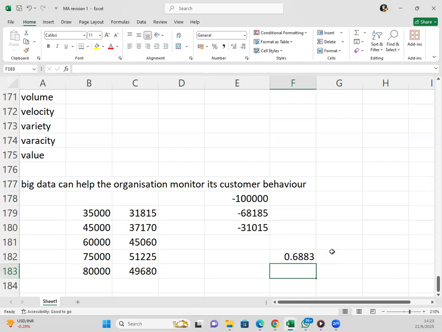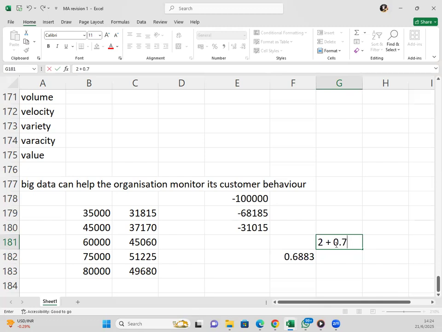So that becomes 0.688. It means to pay back, it takes us 2 complete years and 0.688 of a year. The question was saying round to 1 decimal place, so that becomes 2 years plus 0.7, which is 2.7 years.